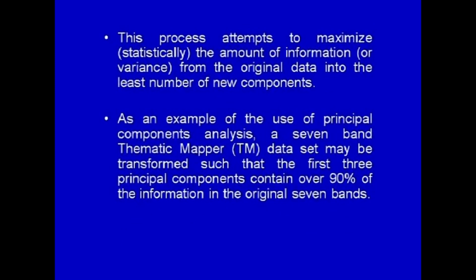This process attempts to maximize statistically the amount of information or variance from the original data into the least number of new components. As an example of the use of principal component analysis, a 7-band thematic mapper TM data set may be transformed such that the first 3 principal components may contain over 90% of the information in the original 7 bands.